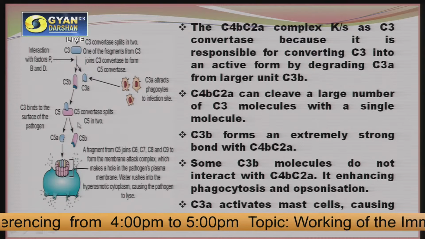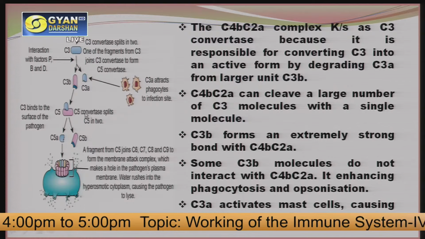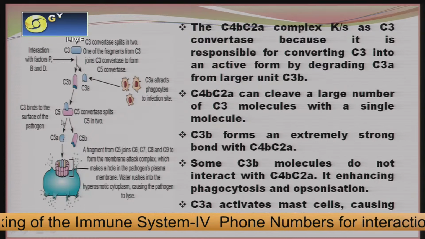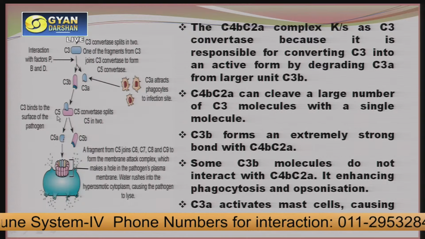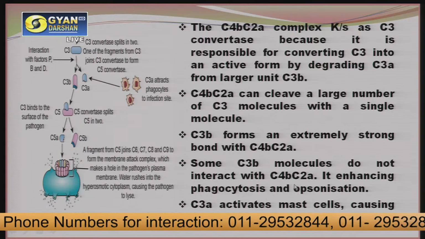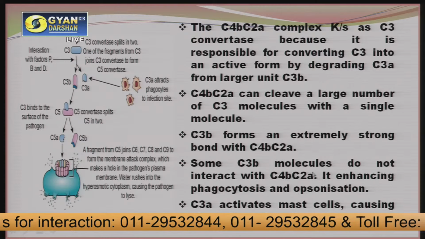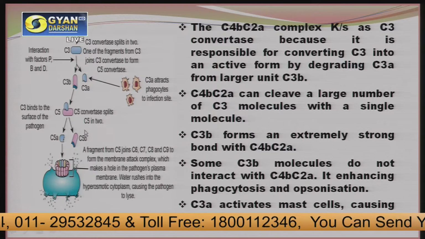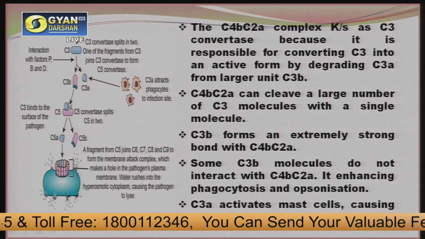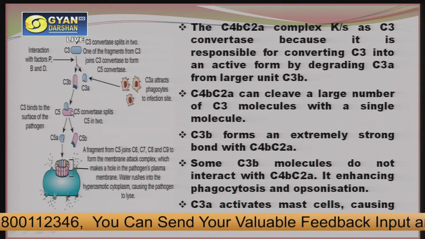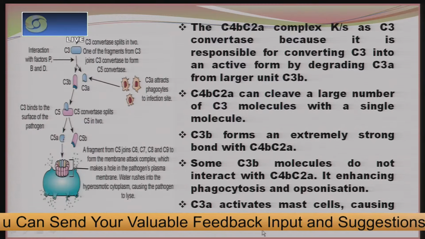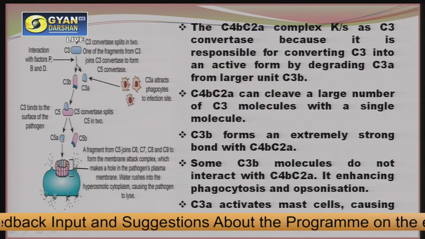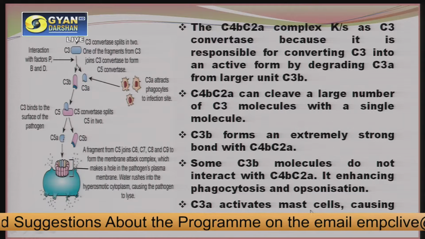Here is a very important reaction, and it will enhance phagocytosis and opsonization after binding with the particular complement system proteins, and the macrophages can engulf the pathogens after binding of the particular complement proteins. C3a activates mast cells, causing histamine to be released.